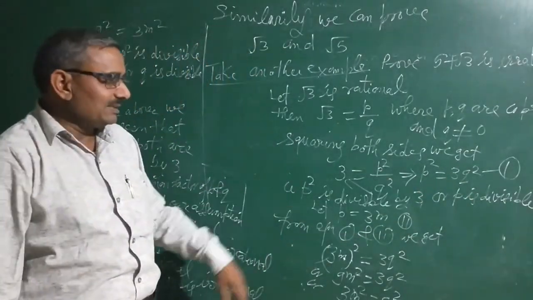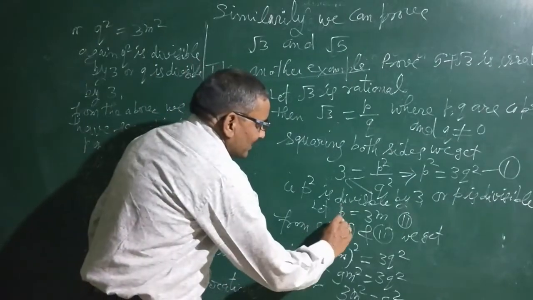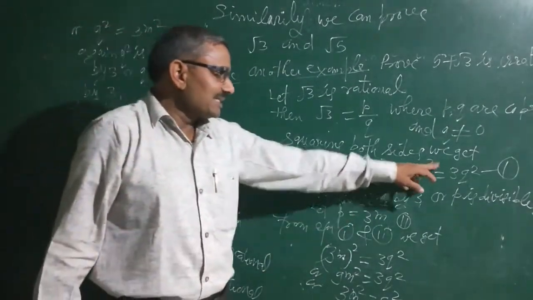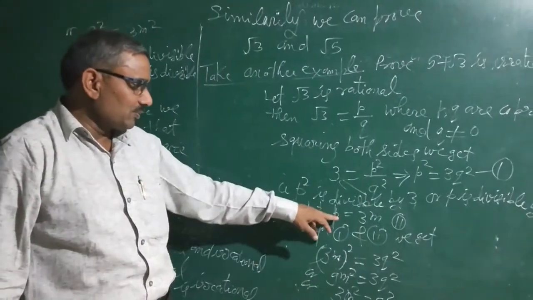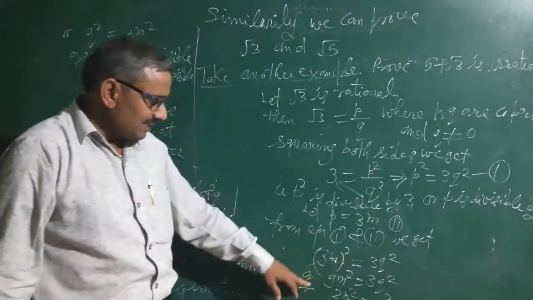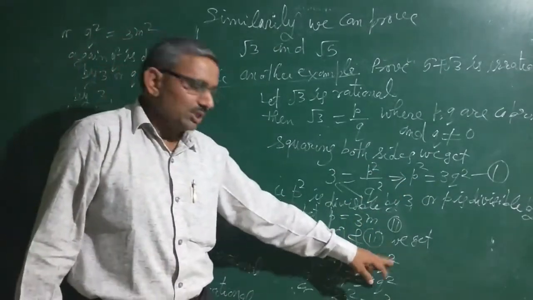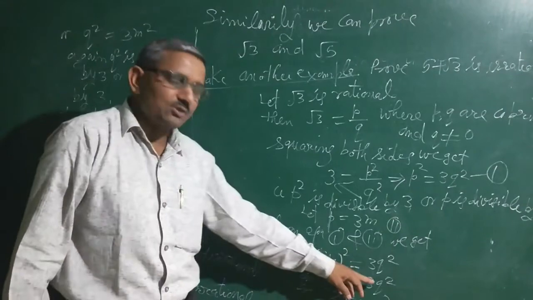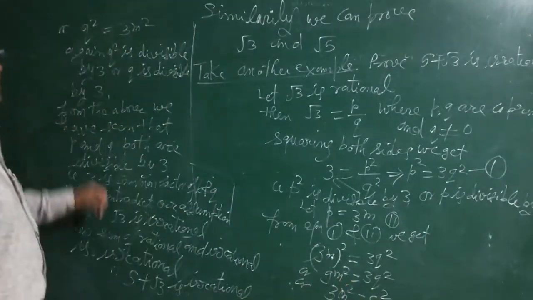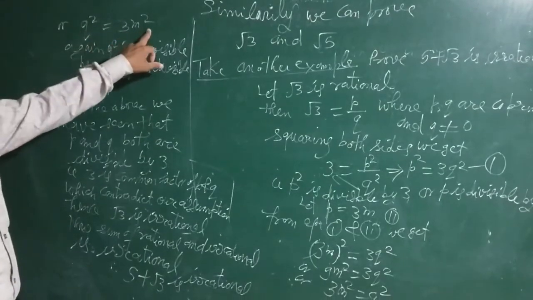If p is divisible by 3, then p can be written as p equal to 3m. If we put this in the first, we will get 3m whole square is equal to 3q square, or 9m square is equal to 3q square, or q square is equal to 3m square.